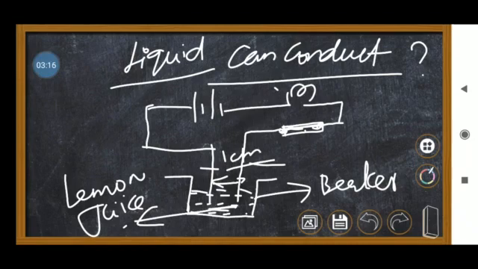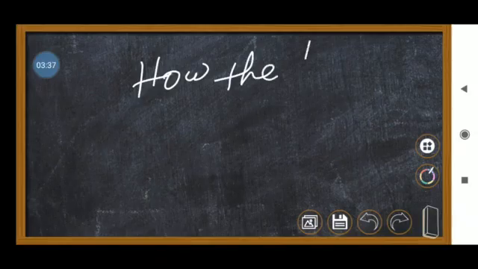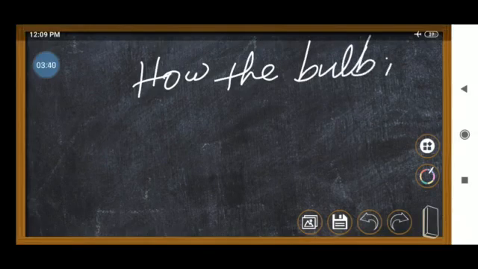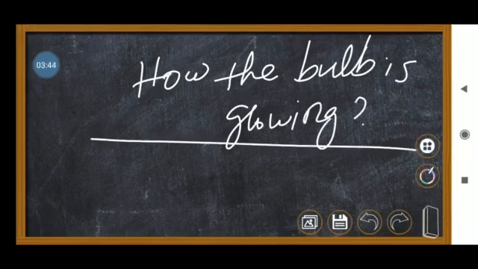When you take different types of solutions, you may observe that some of them are very good conductors and some are poor conductors. Based on the brightness of the light, you know how the bulb is glowing. So this thing you have to know, this is very important.